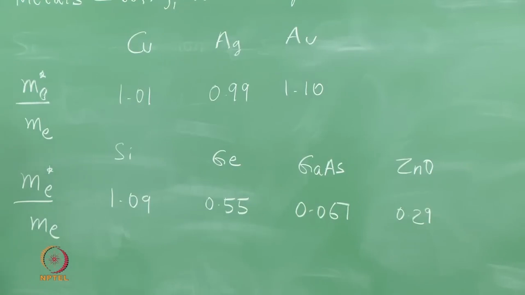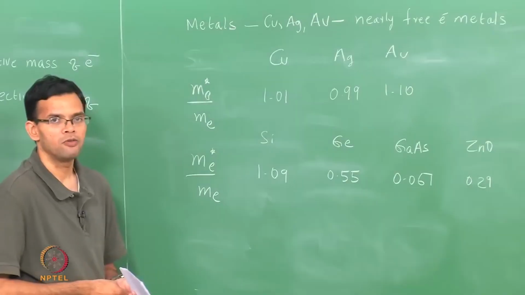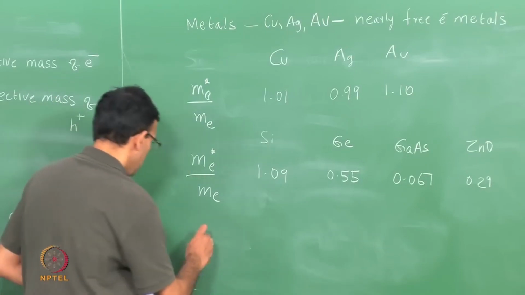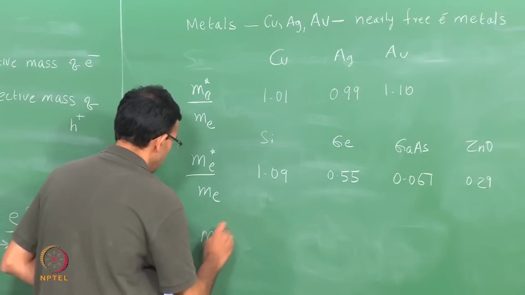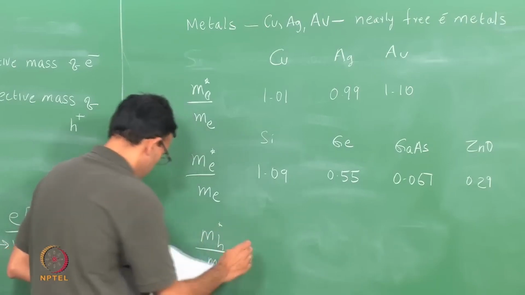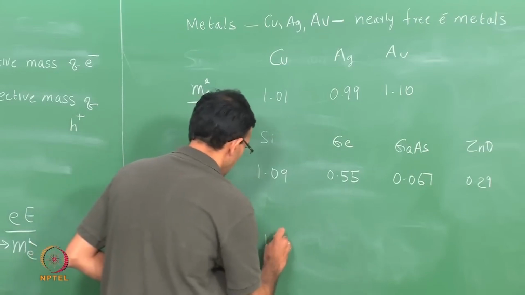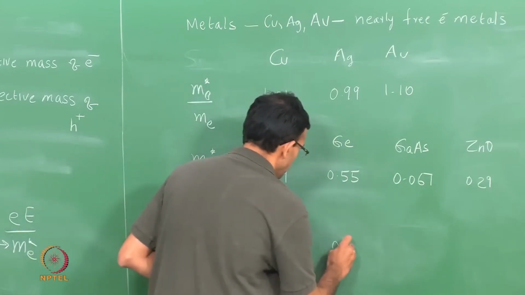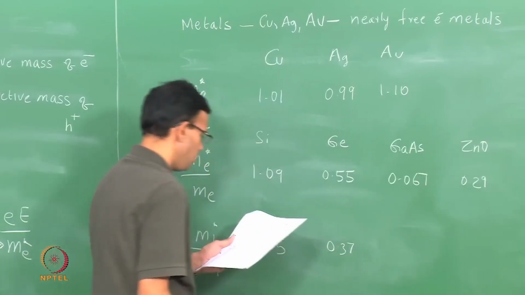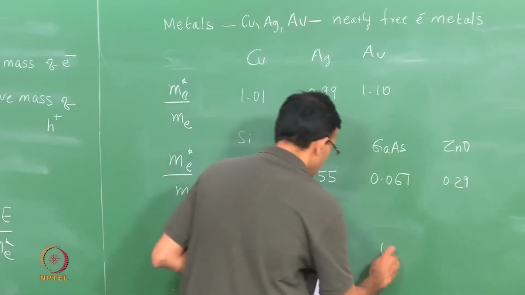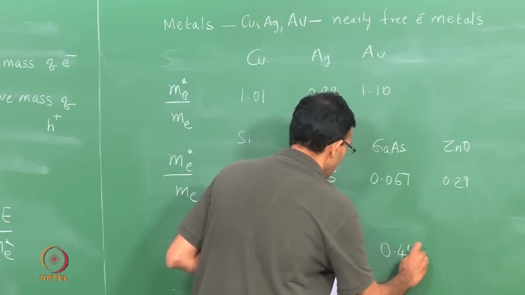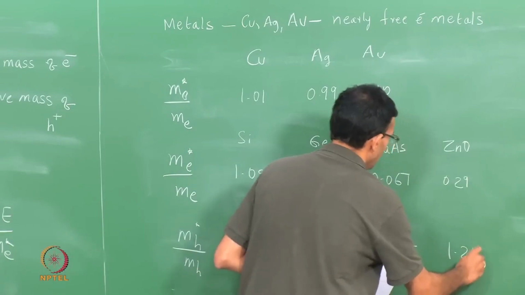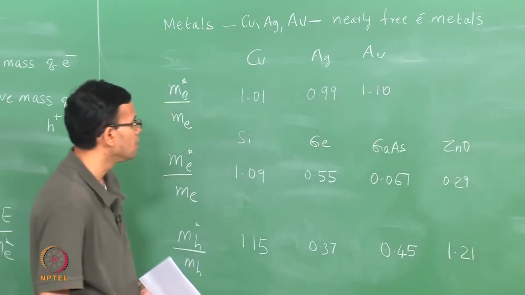So, this represents the influence of all the atoms on the movement of a hole in the valence band. So, now you have MH star, this is around 1.15, for silicon it is around 0.37, for germanium 0.45, gallium arsenide around 1.21, for zinc oxide.